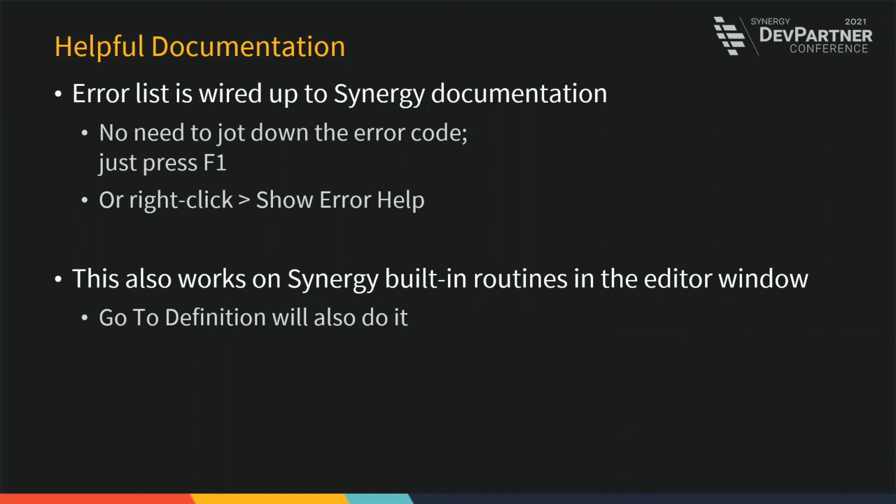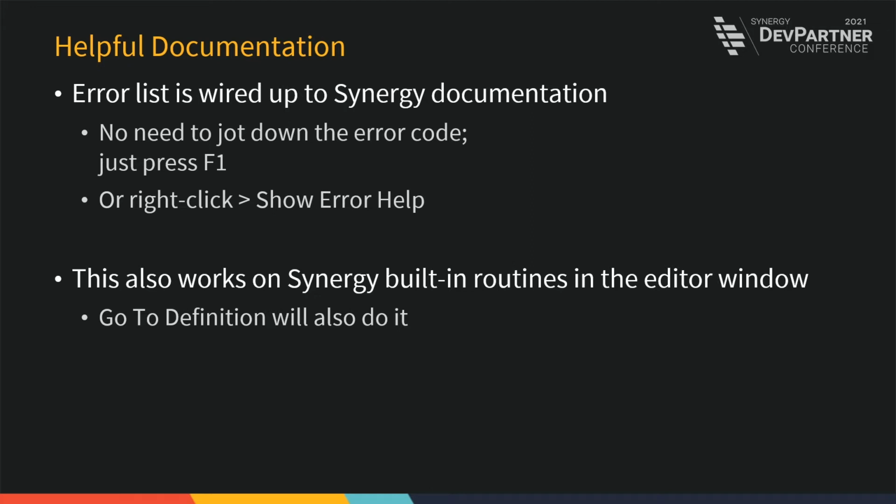You don't have to have an error for documentation shortcuts to be helpful either. Anyone new to Synergy might not be as familiar with the built-in language statements, routines, functions, etc. If you press F1 while your cursor is on most Synergy built-ins within a code editor window, we will also take you to the web documentation for that thing under the cursor.